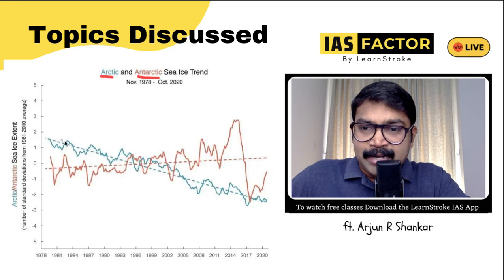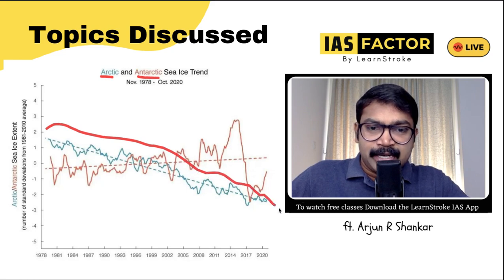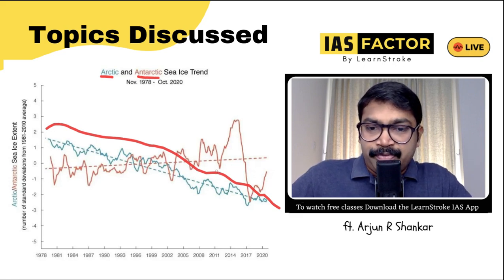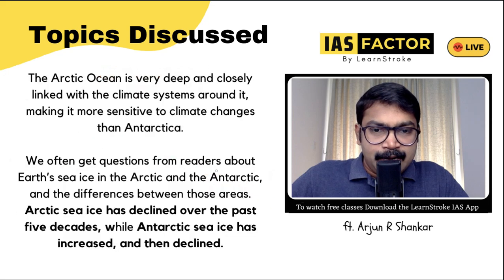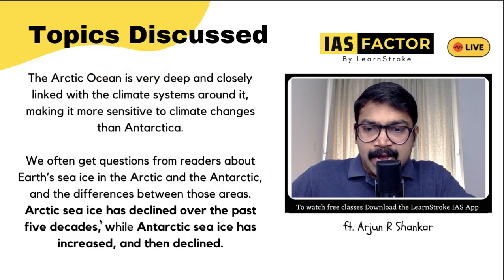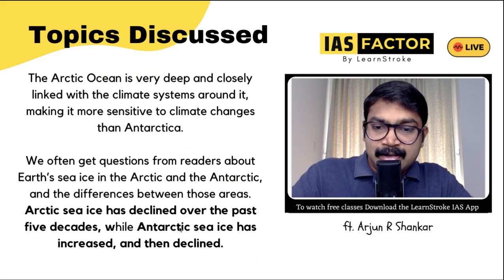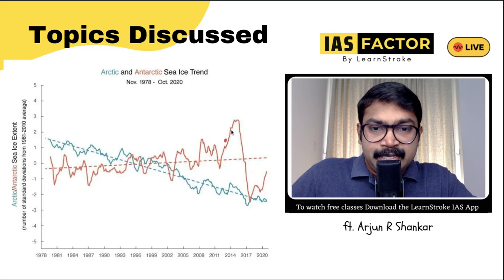You can see that the Arctic is declining. It's consistently declining, which is very clear, in the last 50 years. At least look at the 1978 graph, and you can clearly understand that Arctic sea ice has declined, and Antarctic sea ice has increased, but then declined.